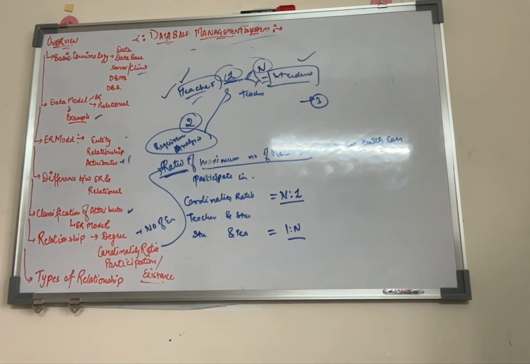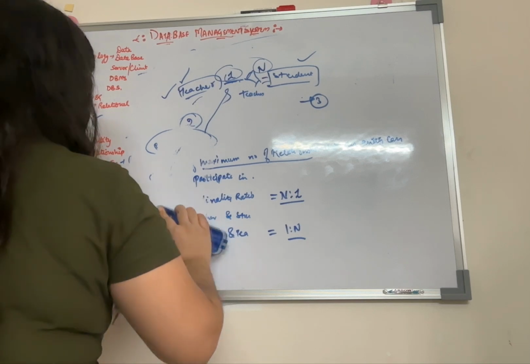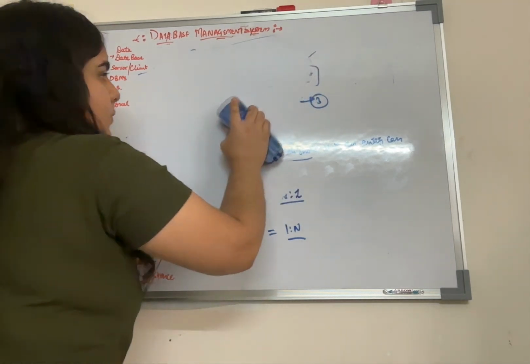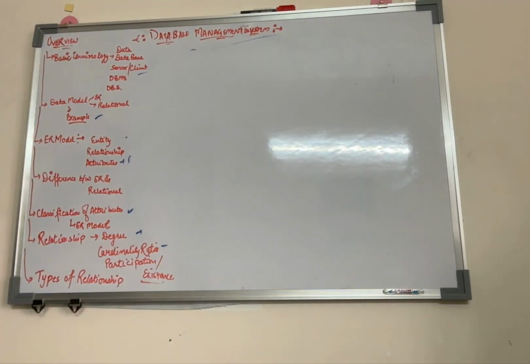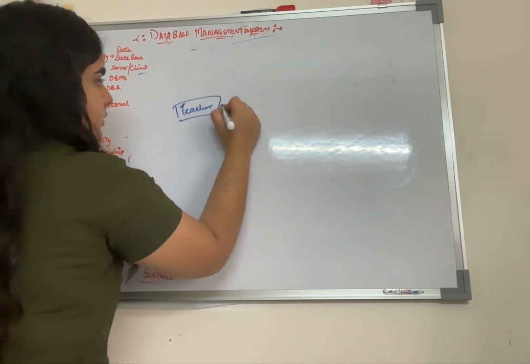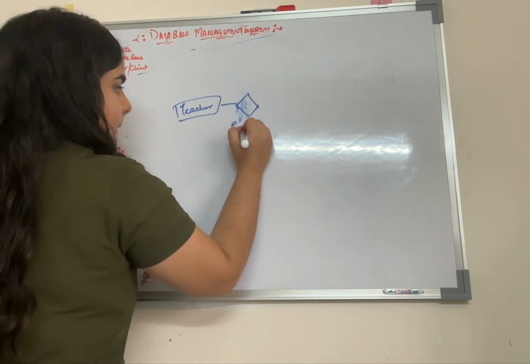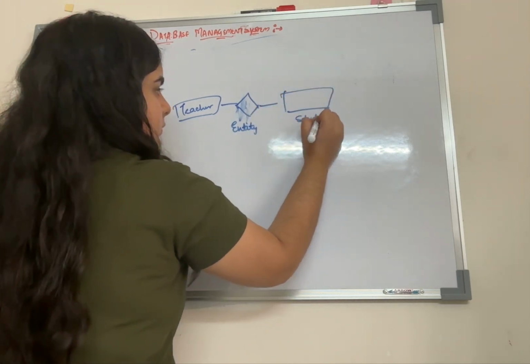Okay, now coming to participation or existence. Participation is based on the minimum number of relationships an entity can have. So the cardinality ratio was based on the maximum number of relationships an entity can have. Now coming to the minimum number of relationships. So let's say there was again teacher and student.